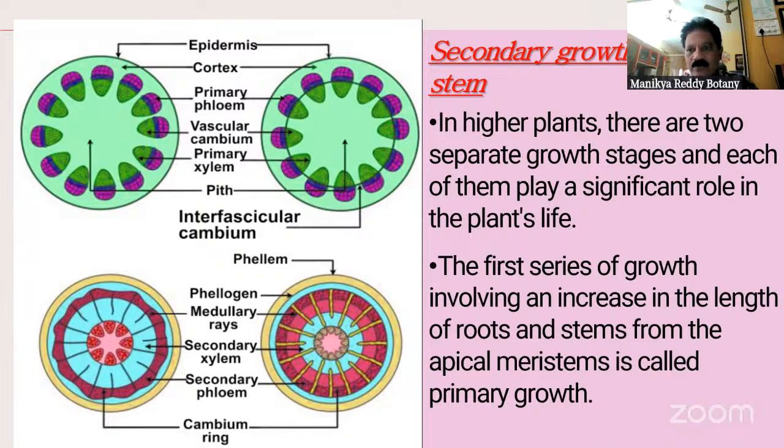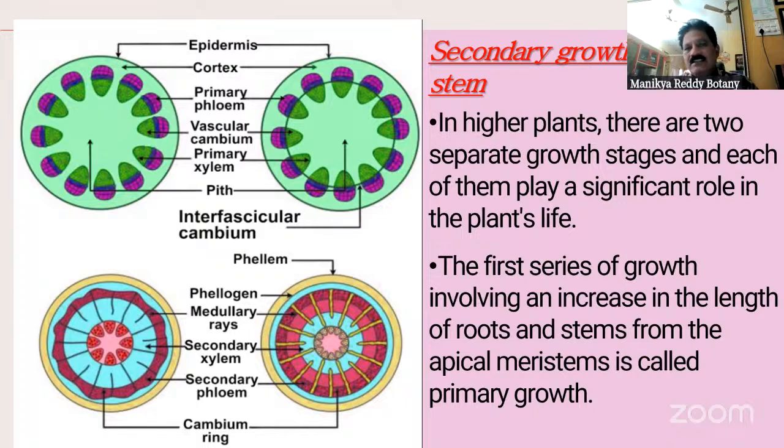That means secondary growth is because of the activity of lateral meristem. The growth is seen after the primary growth. In the initial years of the plant's life, almost all plants grow vertically. That is primary growth.